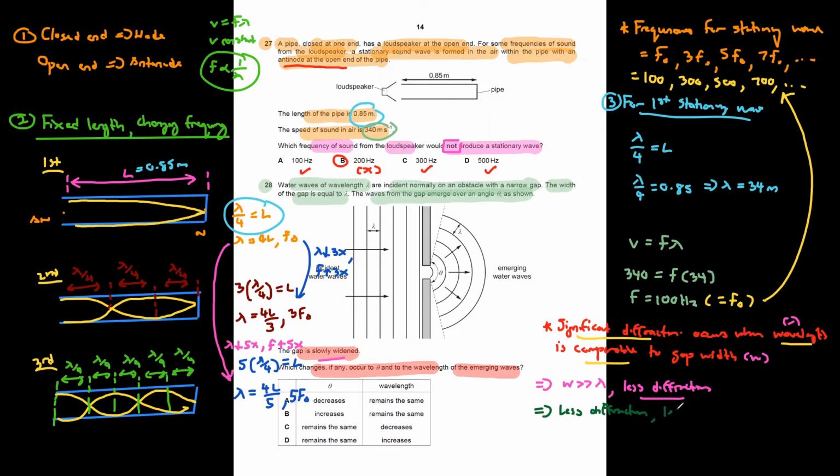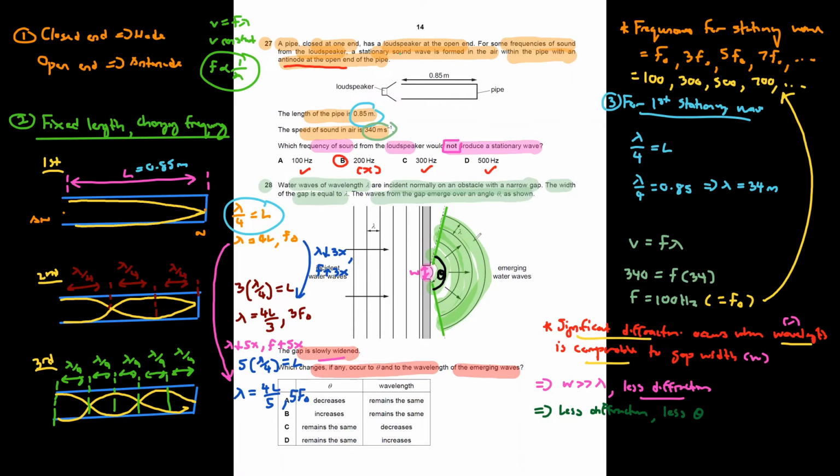you have less theta. Because you see, with the current gap width that you have here, this is your W, your waves were diffracted like this. It is spreading out like this. You just need to look at these lines here. This line here and this line here. Your angle theta is defined according to these two lines.